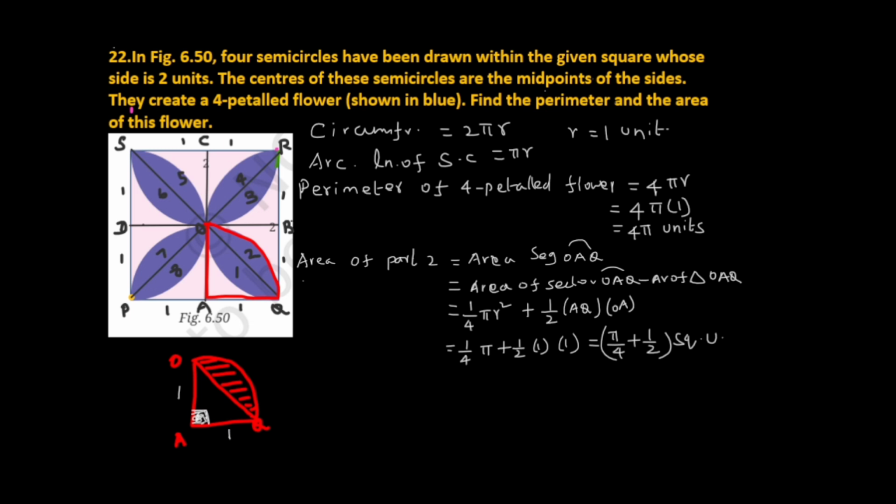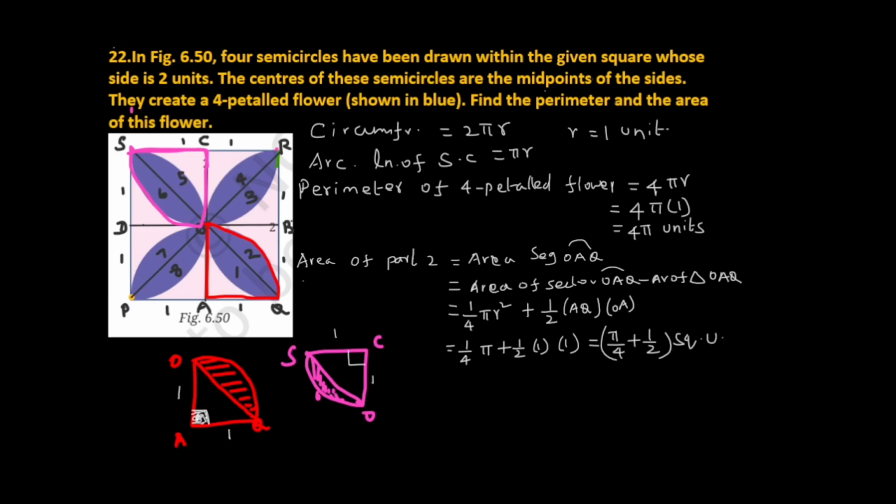Same way we can calculate any other part also. Now for example, I am going to calculate part 6. So look at here, this is part 6. It encloses the sector COS. Now to calculate part 6, here we are having the segment. This is part 6. So the area of part 6 again, radius is 1 unit, this is 90 degrees.